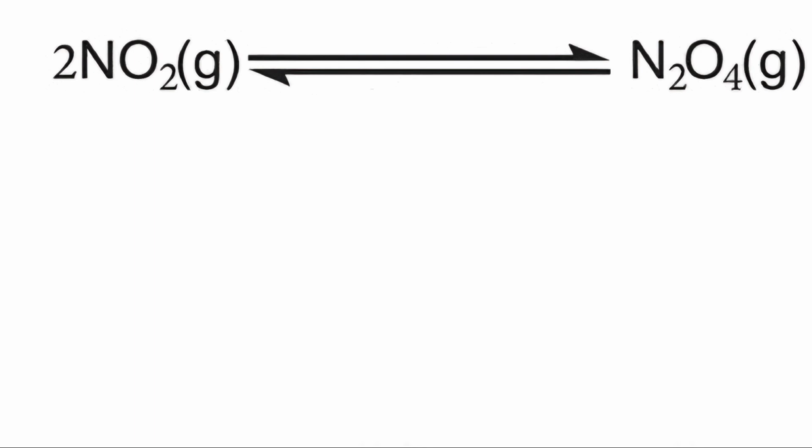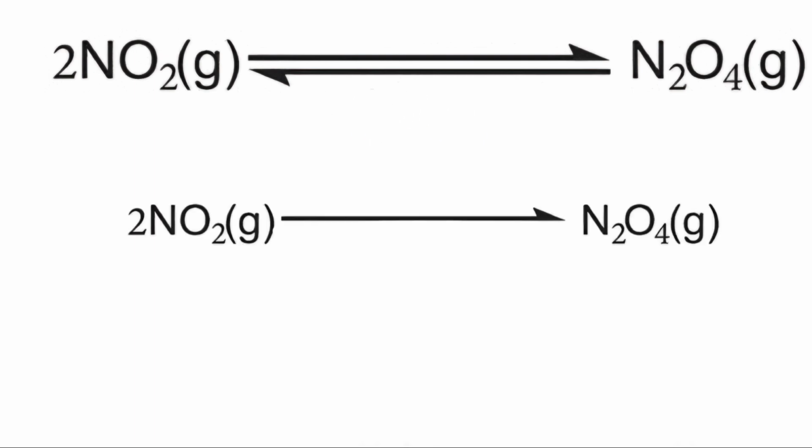Now, if we look at our equation, what you'll note is that we have the forward reaction and the backward reaction, right? So I'm going to first talk about the forward reaction. In the forward reaction, you are going to have 2 molecules of nitrogen 4 oxide combining to form 1 molecule of dinitrogen tetraoxide, right? Now, the formation of a new compound is usually accompanied by the release of heat.